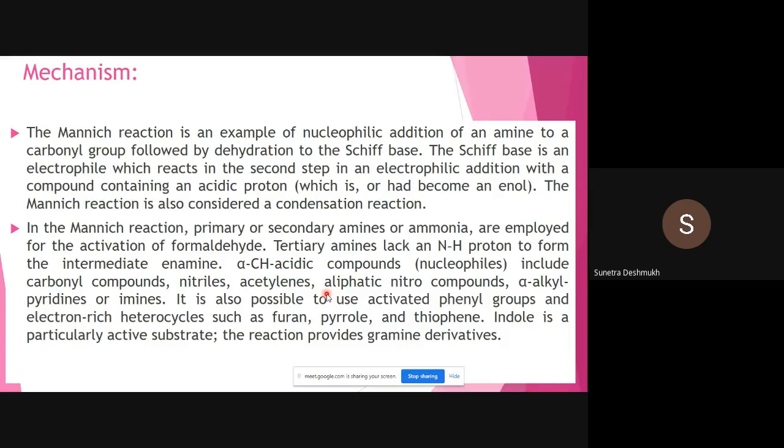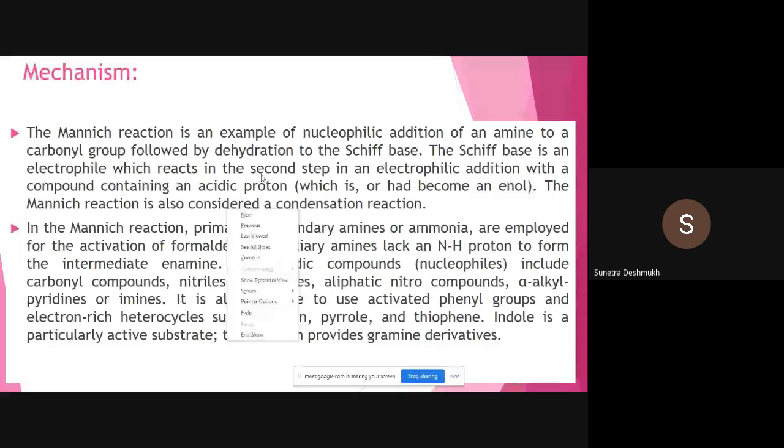The alpha CH acidic compounds, the nucleophiles, include carbonyl compounds. What type of enolizable ketones can we use here? These include nitriles, acetylenes, aliphatic nitro compounds, alpha alkyl pyridines or imines. It is also possible to use activated phenyl groups and electron-rich heterocycles such as furan, pyrrole, thiophene.